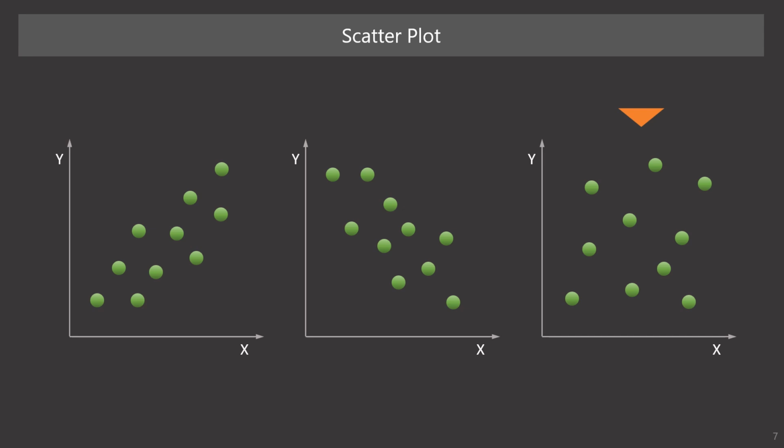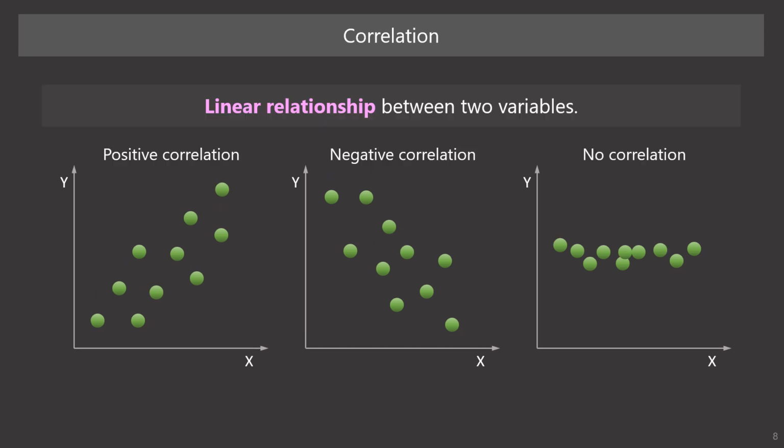Sometimes we want a quantitative measure to evaluate the relationship between two numerical variables. In such a case, the correlation coefficient is useful. Correlation refers to a linear relationship between two variables.